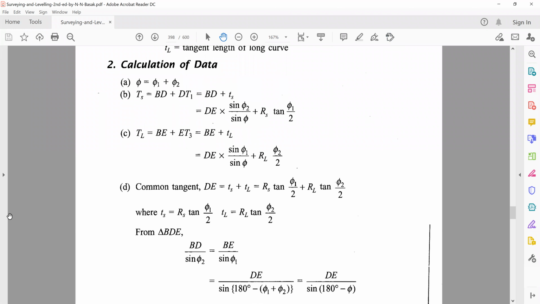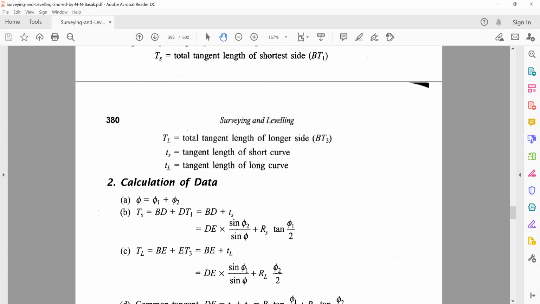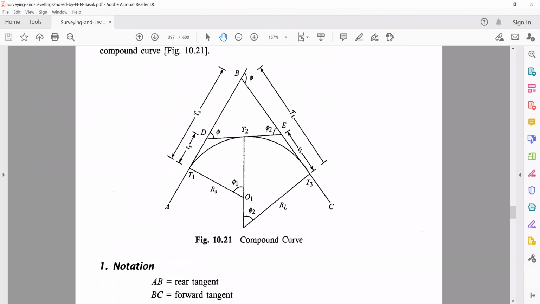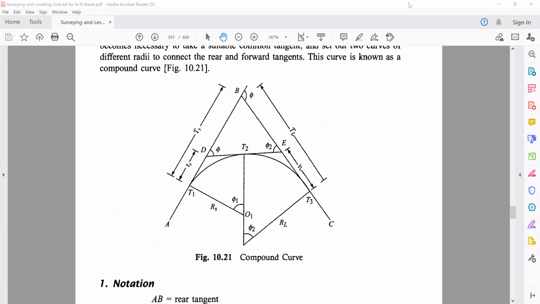So calculation of data. First thing is that deflection angle phi is equal to deflection angle phi 1 plus deflection angle phi 2. Now you need to see what these are. So phi is the deflection angle of the bigger whole curve, the combined compound curve, and phi 1 over here is the deflection angle of the first simple circular curve, and phi 2 is the deflection angle of the second circular curve.